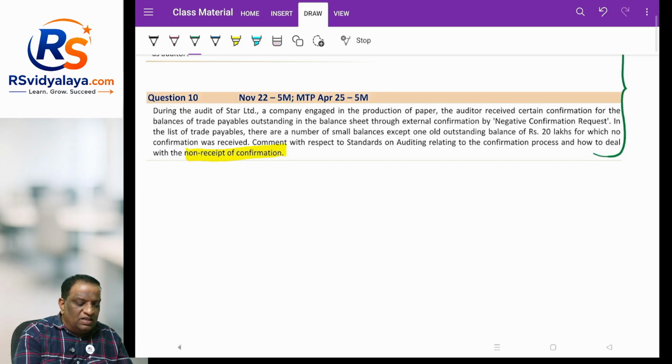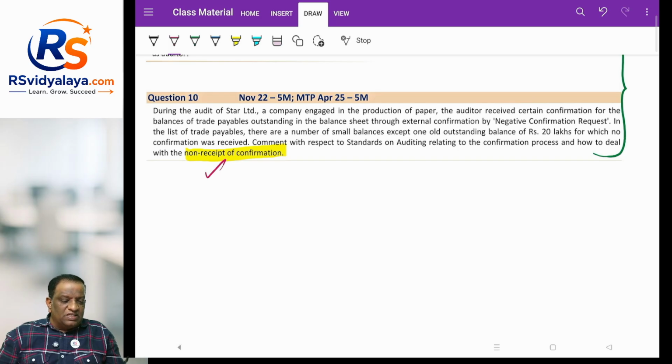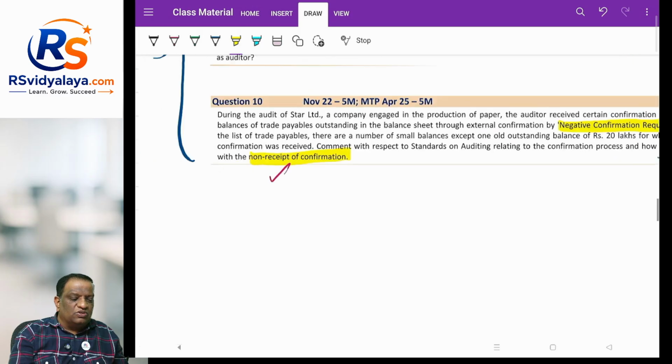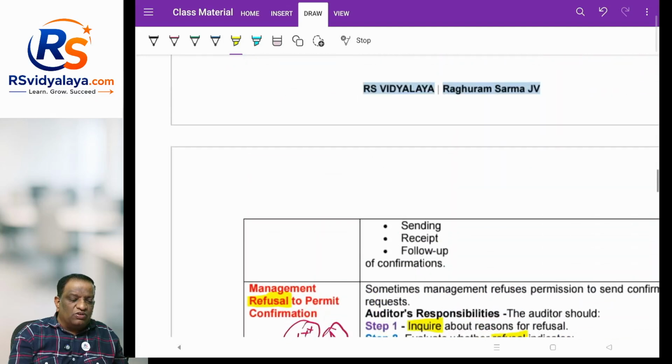So he is asking how an auditor should respond with regard to non-receipt of confirmation. If the confirmation is not received, then you have to see, did he send positive or negative? In this case, he had sent negative. Because he had sent negative, it suggests an agreement, and therefore no need for additional procedures. Otherwise, you will have to perform additional procedures. So this is the brief summary of your SA 505.